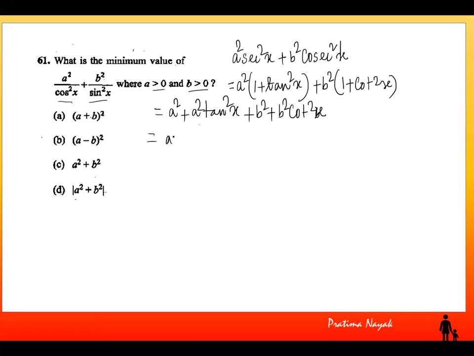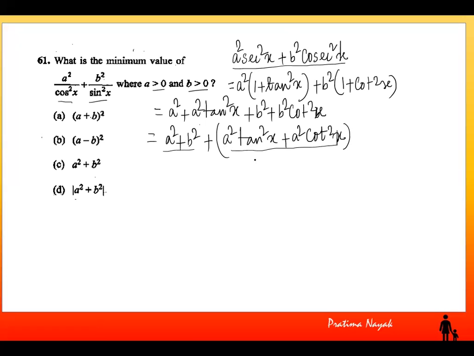Then one expression I'm getting is a square plus b square. Next I'm getting the second expression, a square tan square x plus b square cot square x. So now see, whatever expression we have taken, this should be greater than a square plus b square, because it is a square plus b square plus something, and this is a positive quantity.